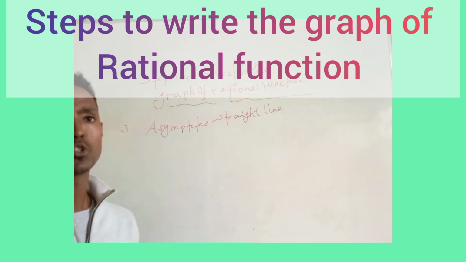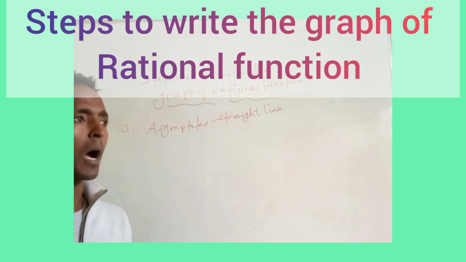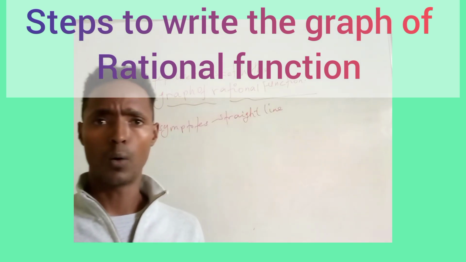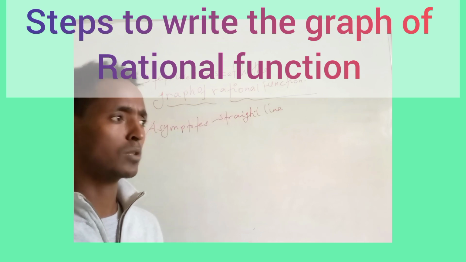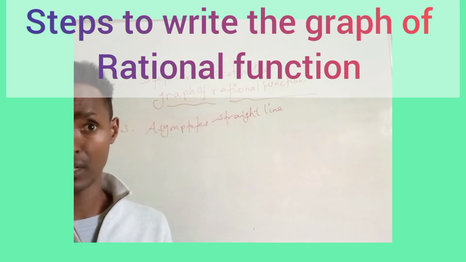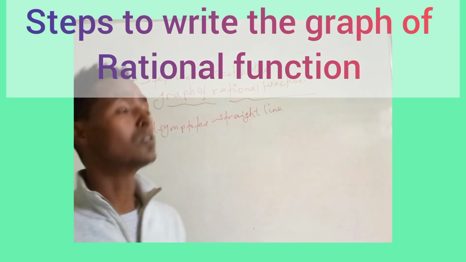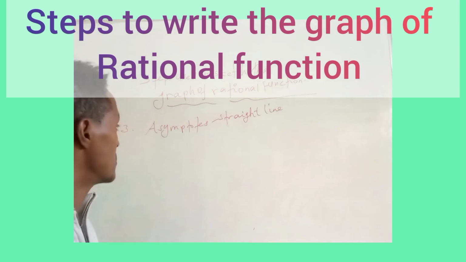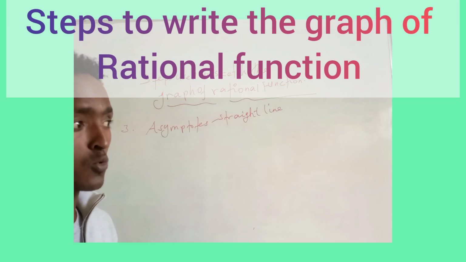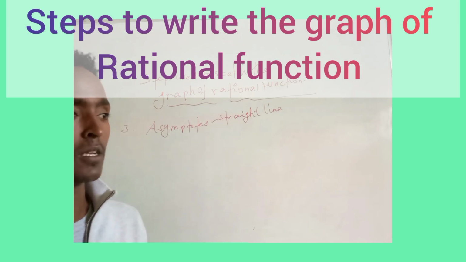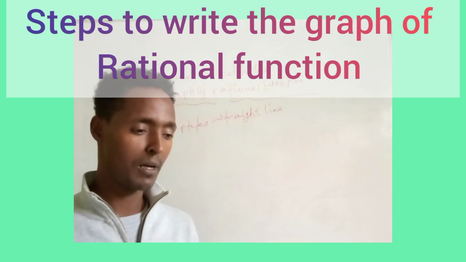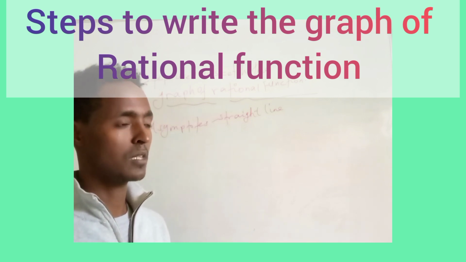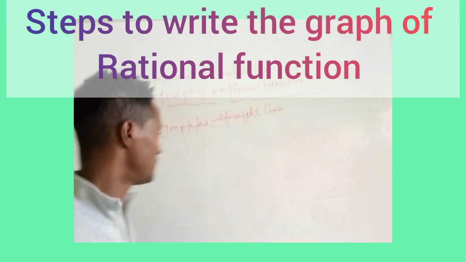We mentioned in our previous class how to determine whether a rational function has a vertical asymptote, horizontal asymptote, or oblique asymptote. Now you should recall those methods that we were using in determining the horizontal, vertical, and oblique asymptotes.